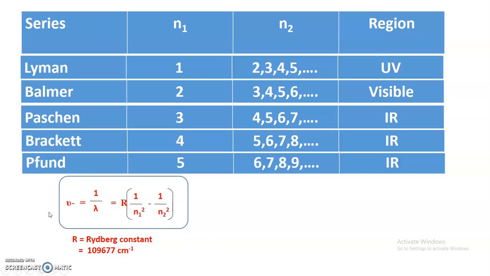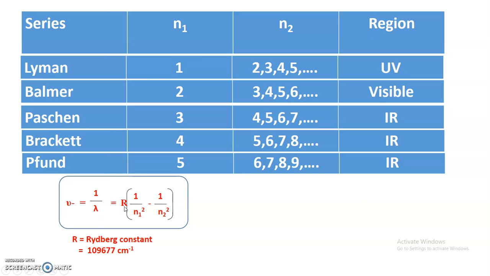Now the wave number or frequency of a line in the line spectrum of hydrogen is calculated by using the Rydberg equation. The Rydberg equation is nu bar, that is wave number, which is directly proportional to the frequency. Wave number is the reciprocal of wavelength.